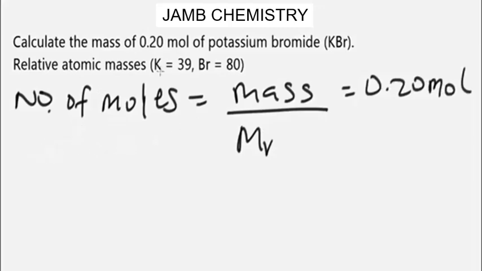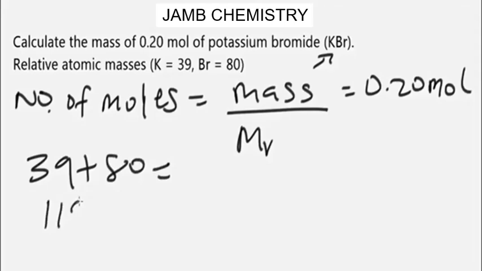We have the relative atomic mass of potassium to be 39, and we have 1 atom of potassium in this compound, so it will be 39 plus that of bromine, which is 80, and we have 1 atom of bromine as well in this compound. So it will be 39 plus 80, and when you punch this on the calculator, we are going to have 119 grams per mole.